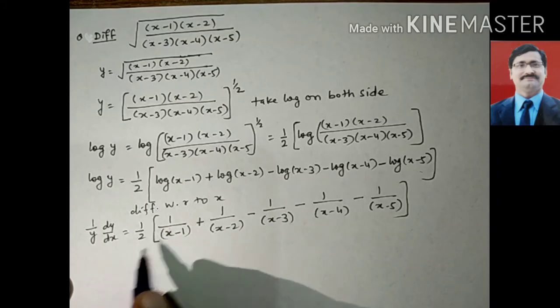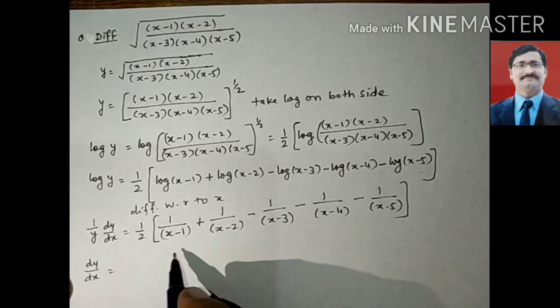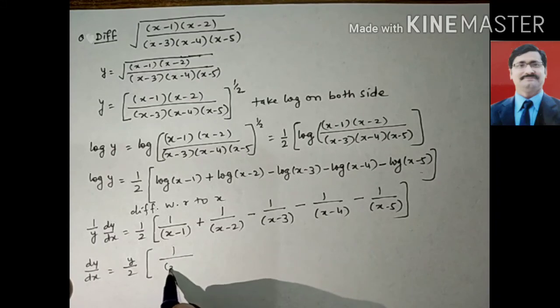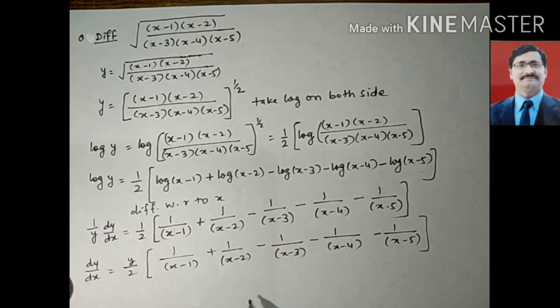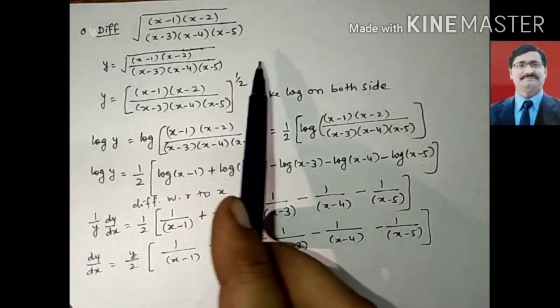Now this y you have to transfer, so you get dy by dx equal to y upon 2, and this bracket as it is, 1 upon x minus 1 and so on. Now in place of y you have to put the value of y again.